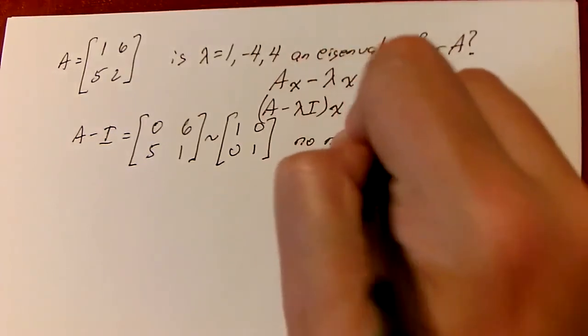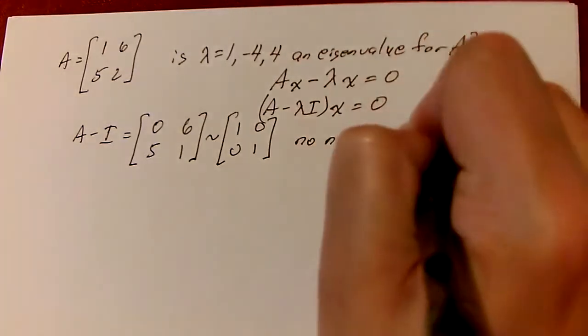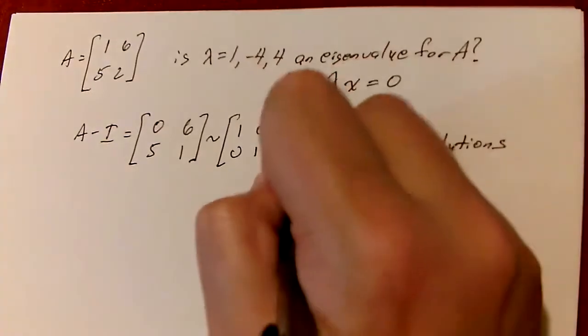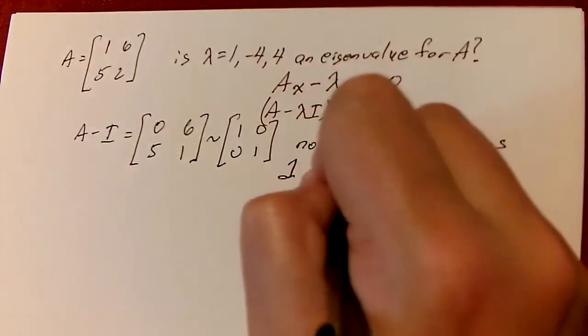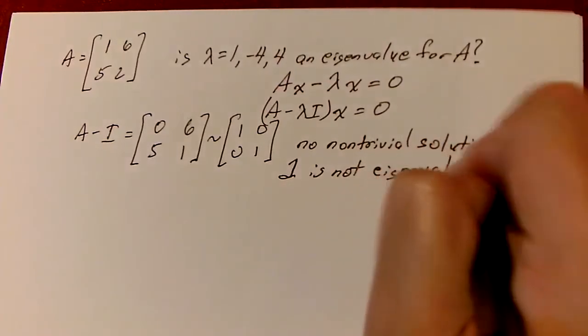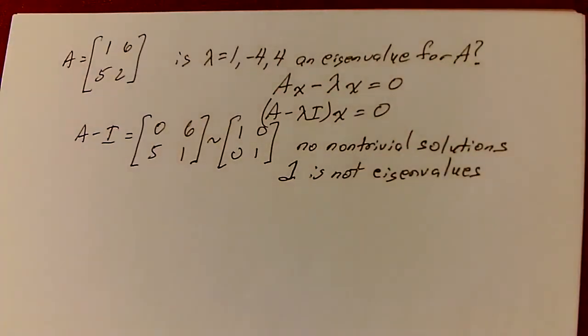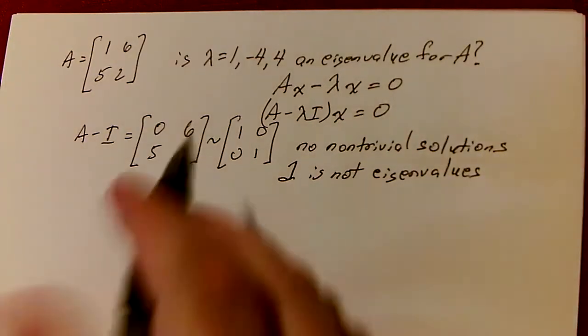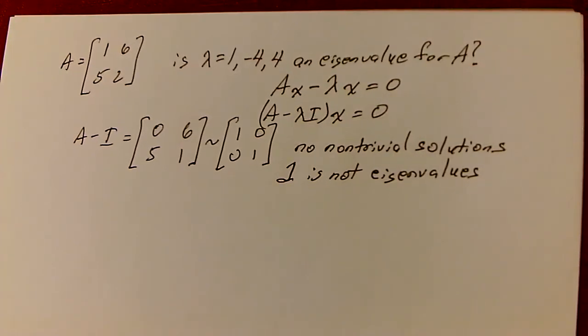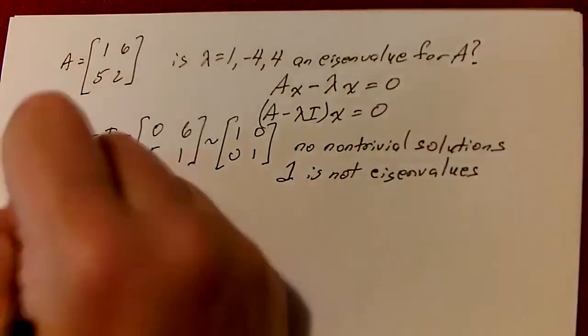So 1 is not an eigenvalue, because remember, we need non-trivial solutions in order for it to be an eigenvalue. And this matrix clearly does not have that situation. Okay, so let's go to the next one.